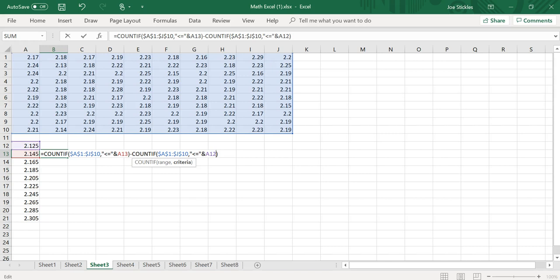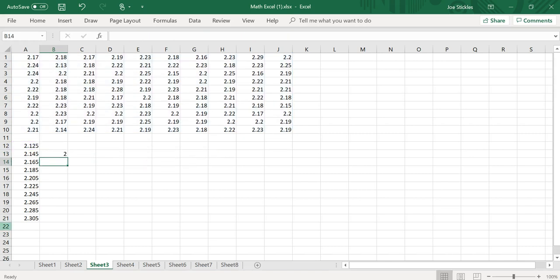I want what's in between the two, just like we did last time. Count everything that's less than the higher limit and subtract off everything that's less than the lower limit. And then let's just copy this down. And there are 100 data points, and we've got all 100 of them now.